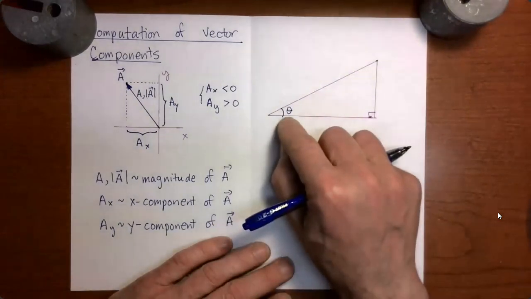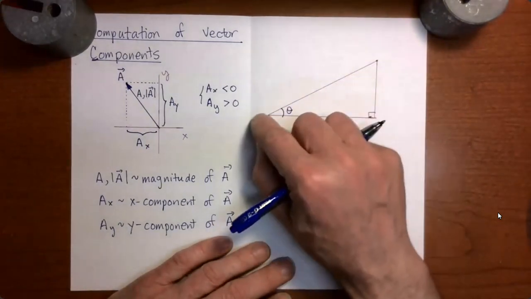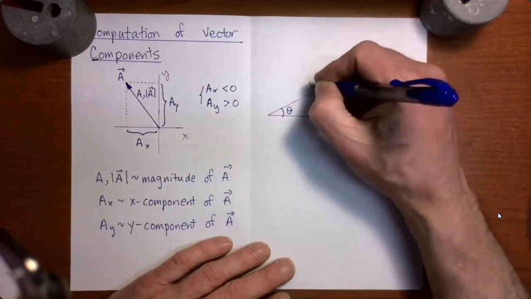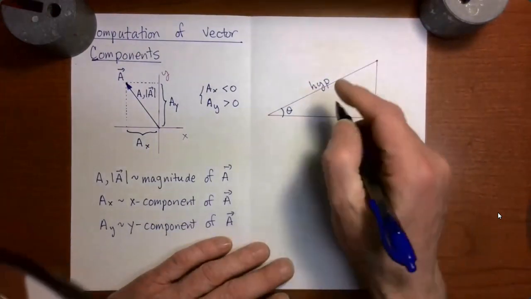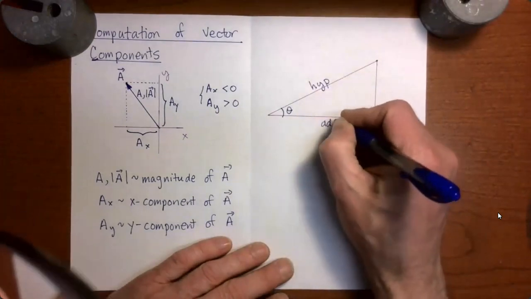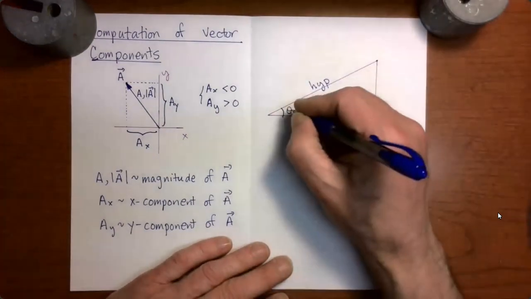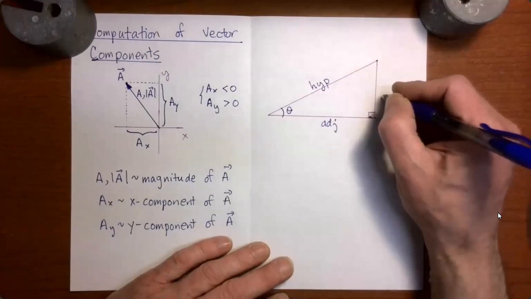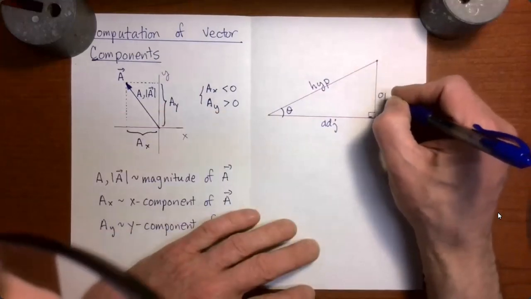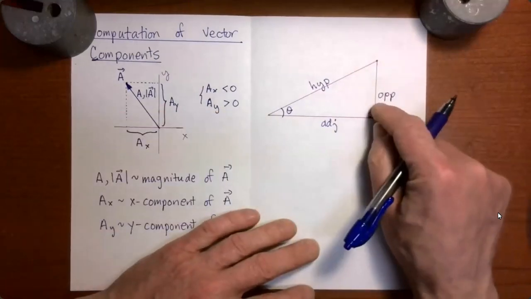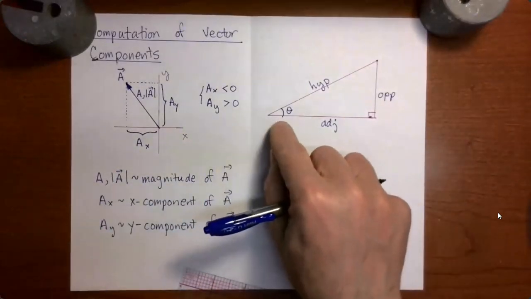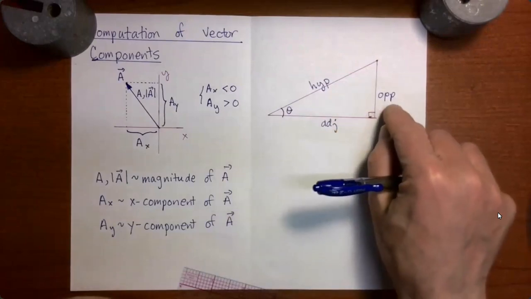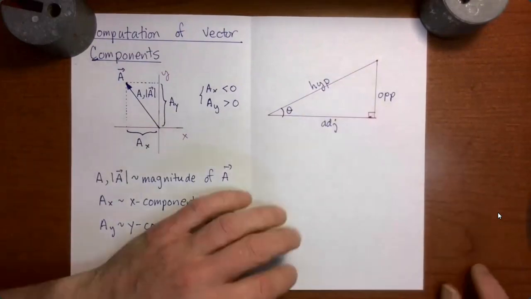Once I have labeled this angle as theta, this is the hypotenuse here, the longest side of the right triangle. Here I have the adjacent leg, which I denote ADJ, and then the leg opposite that angle, which I write OPP for opposite. So I have my angle theta, the adjacent side, the opposite side, and the hypotenuse.